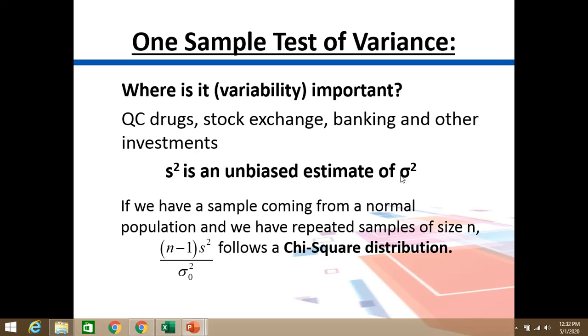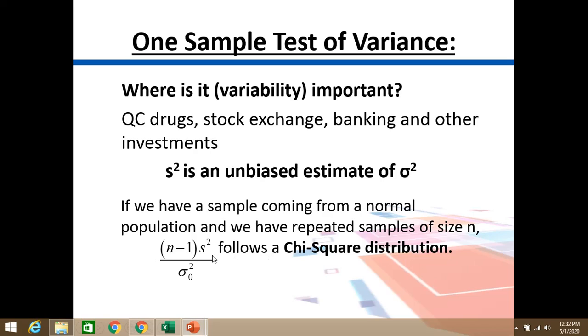If we have a sample coming from a normal population and we have repeated samples of size n, this factor n minus 1, we came through some equations, times s square divided by sigma square, the variance under the null, follows a chi-square distribution.